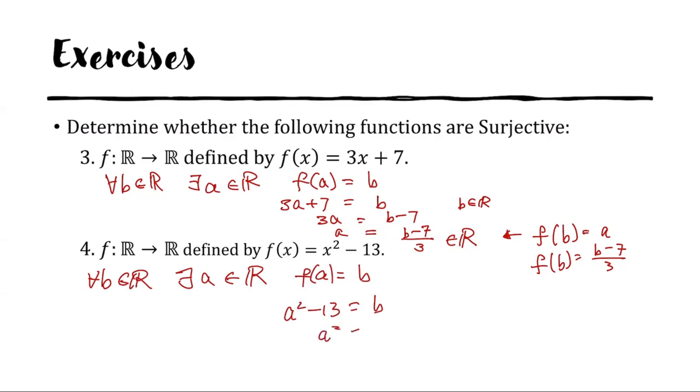Then a squared will equal b plus 13. Then a will equal plus or minus square root of b plus 13. Now, can we say that square root of b plus 13 belongs to the set of real numbers for all real numbers b? Or is there a counterexample?